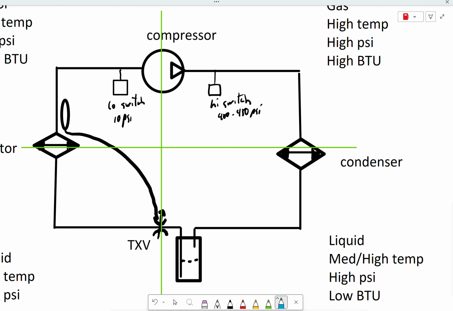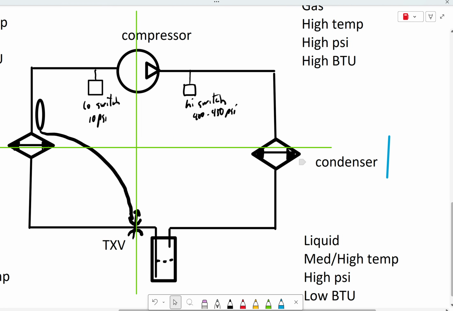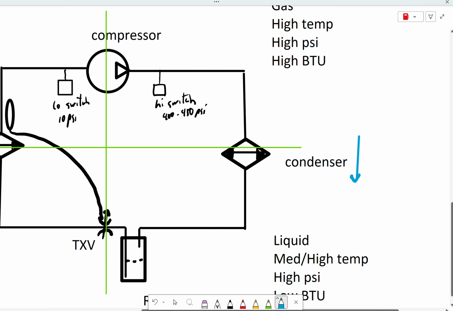We need to have enough condenser space that's active so that we can take the vapor, turn it into a liquid and cool it down a little bit. Okay? If we run out of room to let this condenser be a condenser, then we don't have that phase change and we don't have any subcooling, and then yes, our high side pressures will spike.